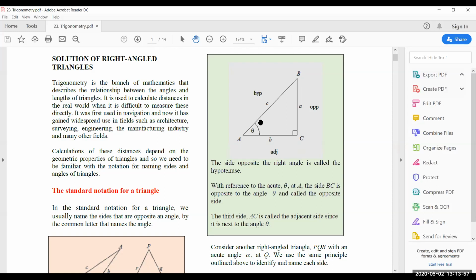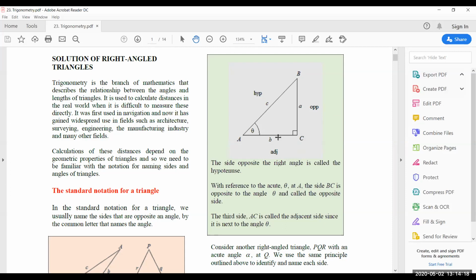Wherever the acute angle is, the side that it's facing, which in this case is BC, is called the opposite. Everybody okay?